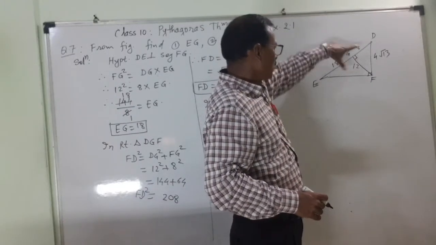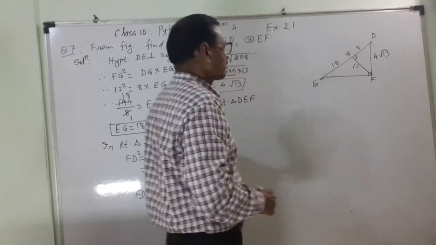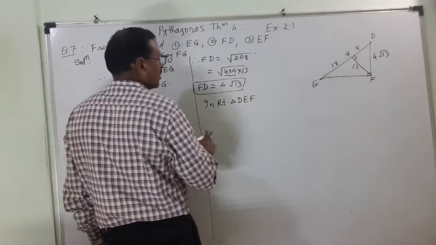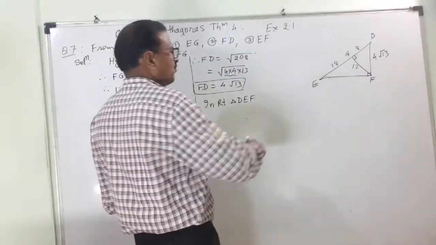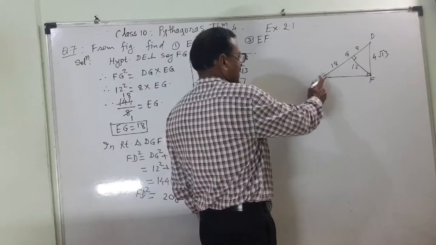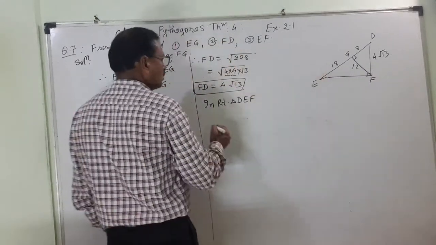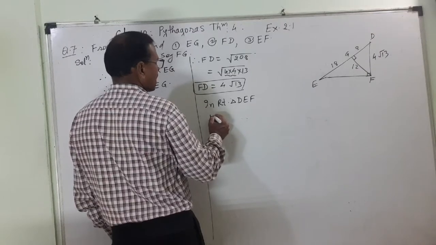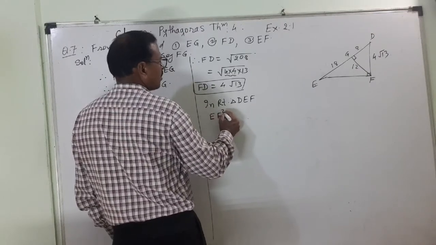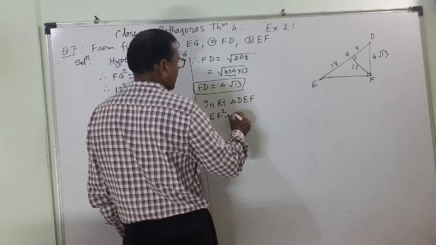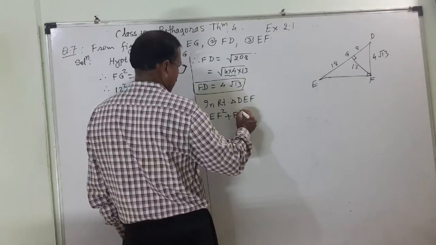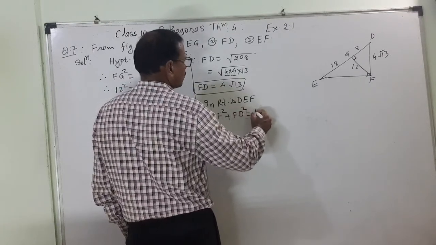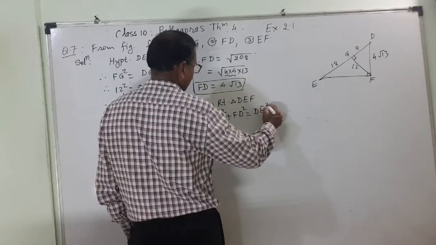Hypotenuse square is equal to one side square plus other side square. So EF square plus FD square is equal to DE square.